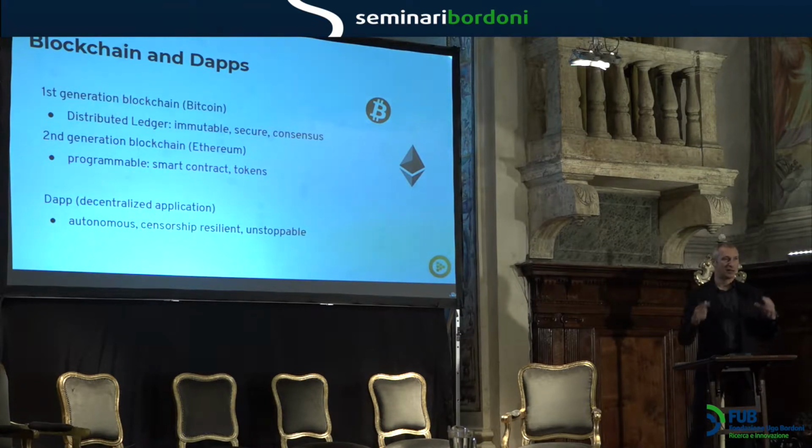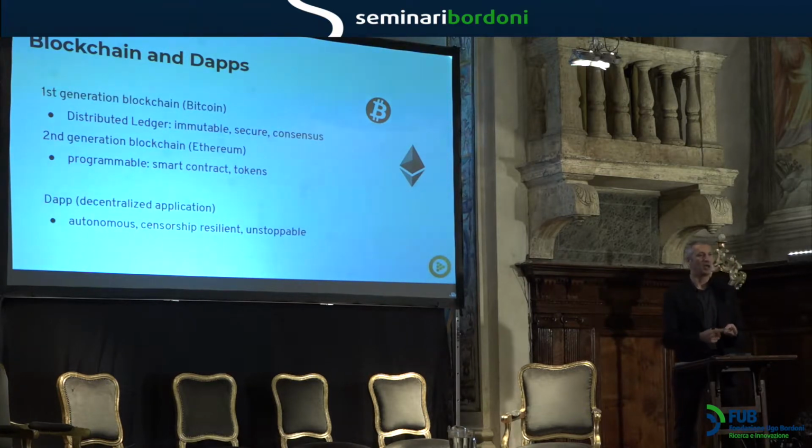This means that if you execute a smart contract, there will be the same level of security in executing this program as when you transact a Bitcoin from one person to another. So you cannot modify the execution of a program. It's extremely secure, it's transparent, and the result of the program, when it has been executed, is stored on the blockchain. So the state of the blockchain advances according to the execution of the program.